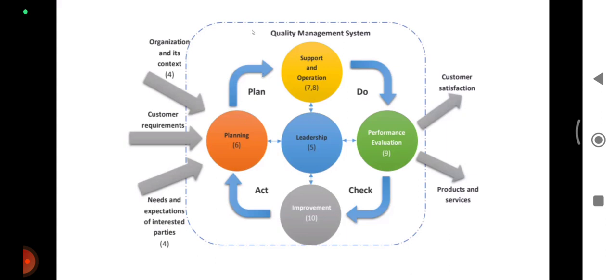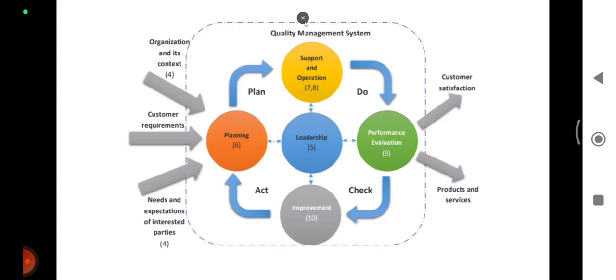After that, you are going to use this dotted line, which is the process. You are going to plan, do, check, and then act. And that is how you are going to address these customers. You are going to achieve customer satisfaction and products and services which meet customer requirements. So this is now a combination of the process approach, the PDCA, and also the risk-based thinking.